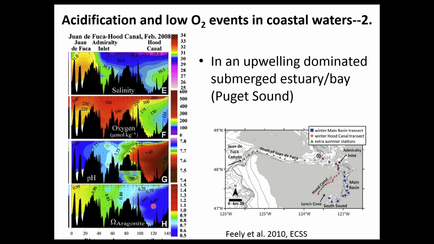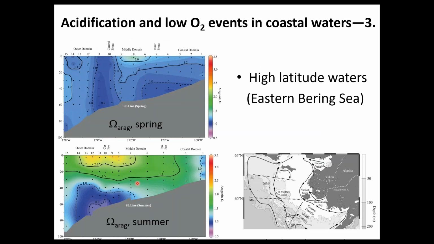And if we move north to the Bering Sea, in the summer case, this is a paper by Jeremy Mathis, and you can see that the low aragonite saturation state is largely driven by very high production in the surface. When organic matter settles to the bottom and decomposes, it generates CO2 and leads to low pH and low saturation state.